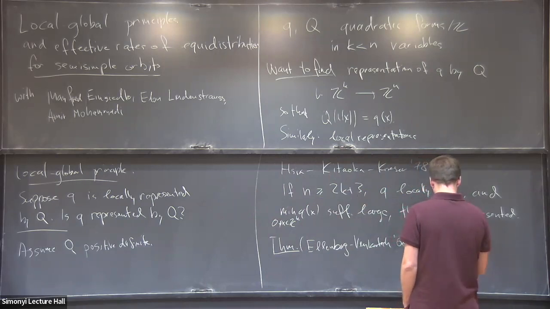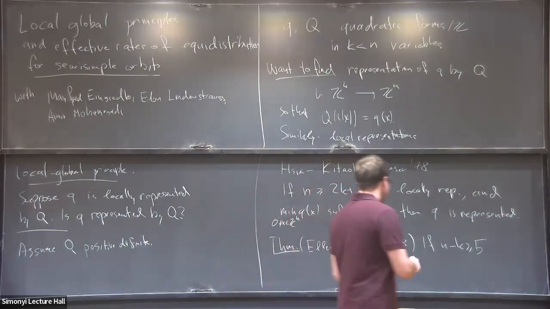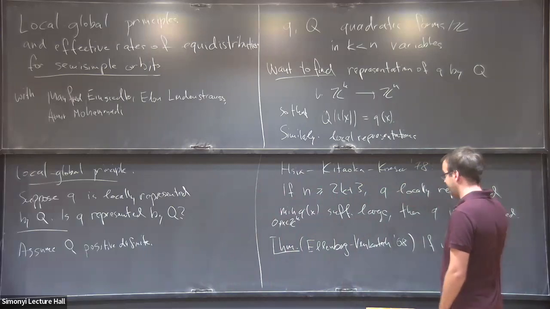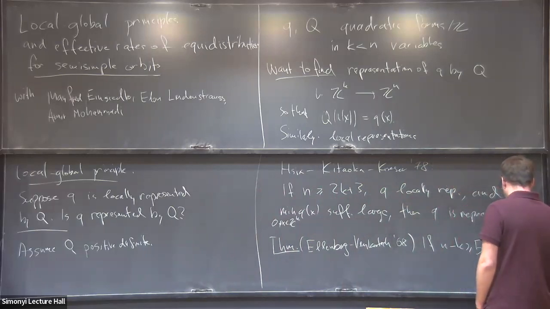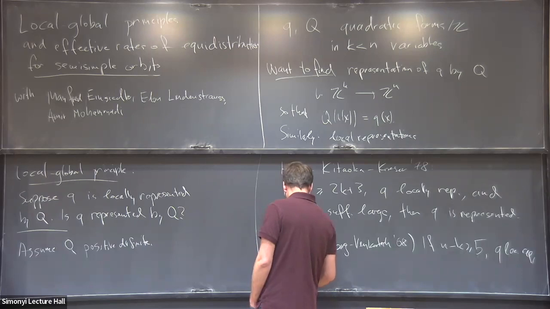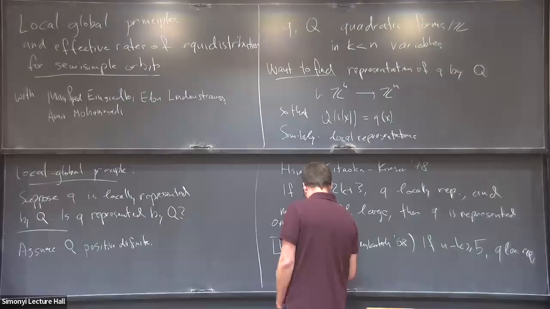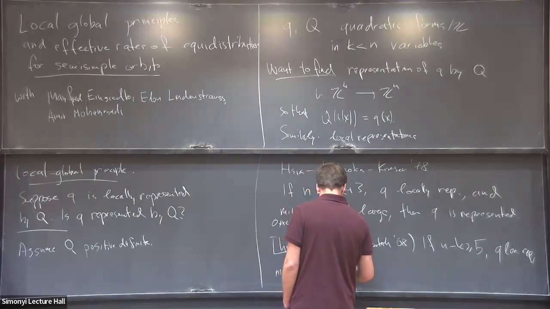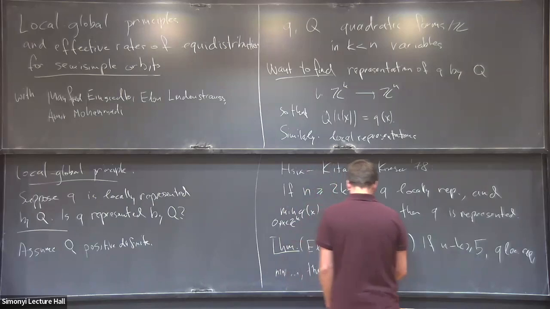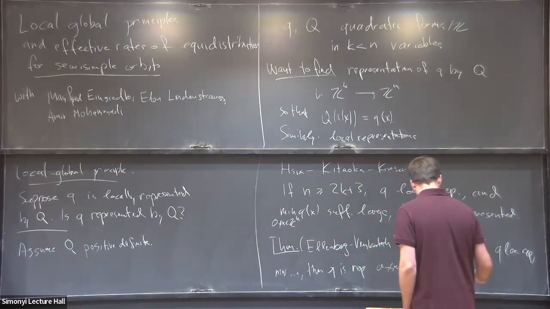So if n is at least k plus 5, with the same conditions: q locally represented by Q, the minimum of Q sufficiently large, then q is represented by Q, assuming that the quadratic discriminant of Q is square-free.